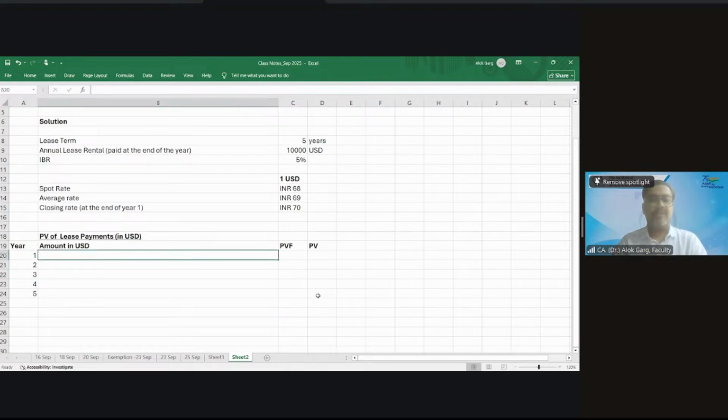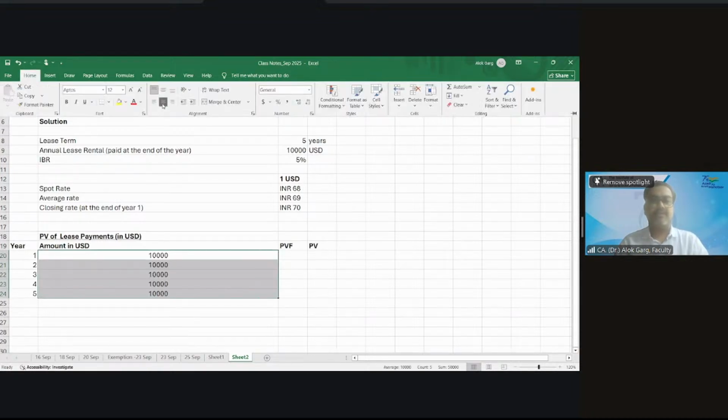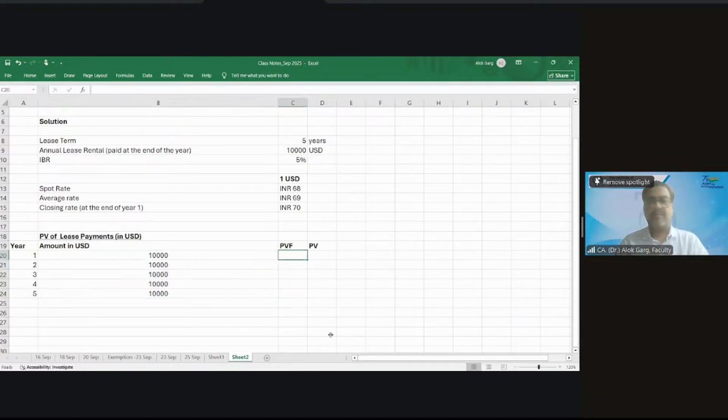What is my amount in USD? 10,000. What is my present value factor? 1 divided by 1.05.